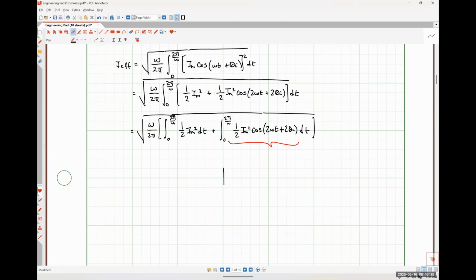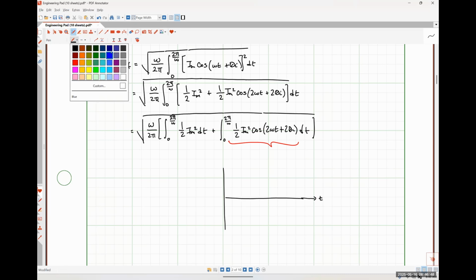Let's just assume, for the sake of my being able to draw this, that theta I is equal to 0 degrees. So here is our time axis, and our current is oscillating at some angular frequency omega, so let me draw something like that.